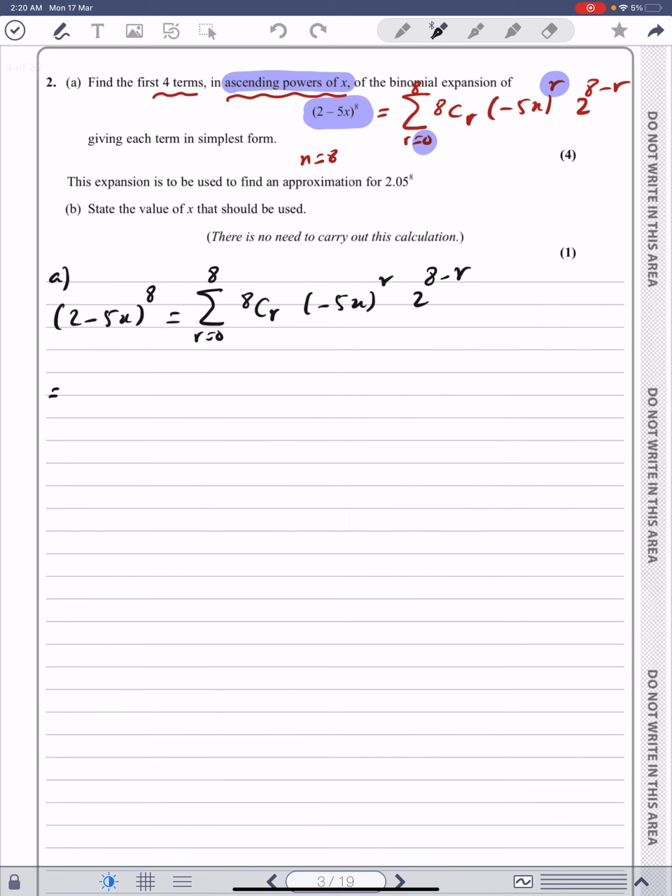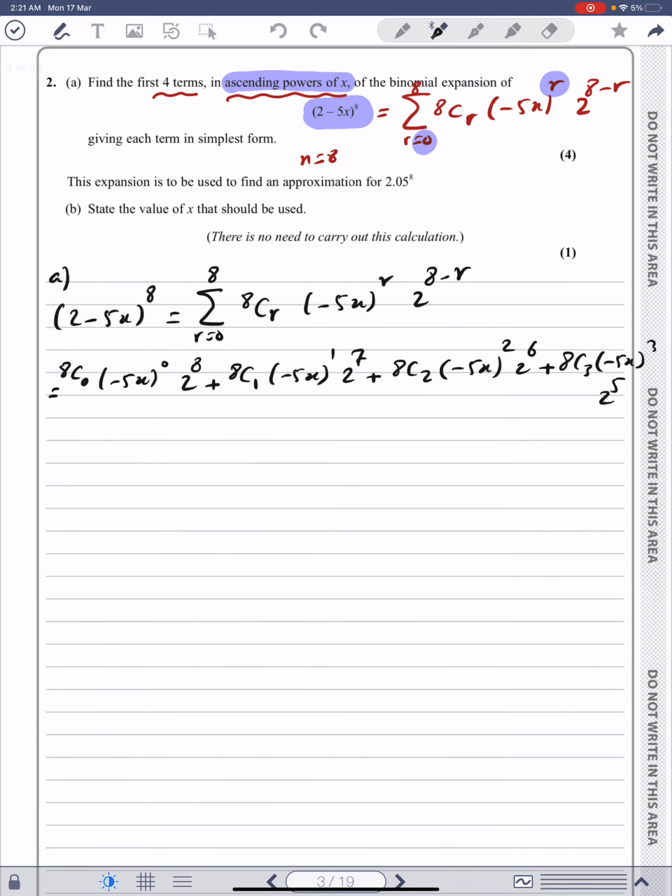If you are good at this, you can write it directly, but I advise you write 8 combination 0, negative 5x to the power of 0, 2 to the power of 8, 8 combination 1, negative 5x to the power of 1, so as not to get confused. It's only 30-second steps, but you'll guarantee that you will get the full mark each step. 8 combination 3, negative 5x cubed, 2 to the power of 5.